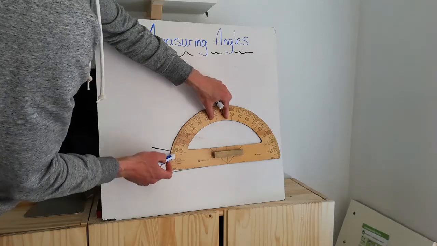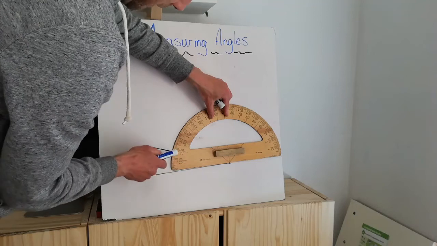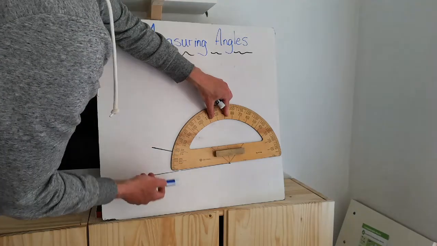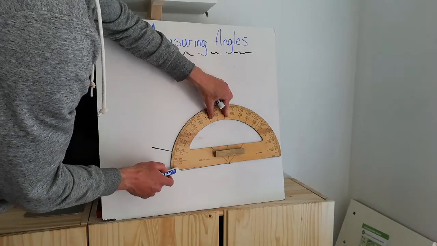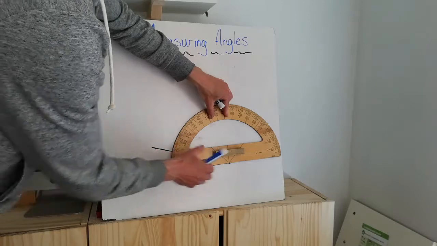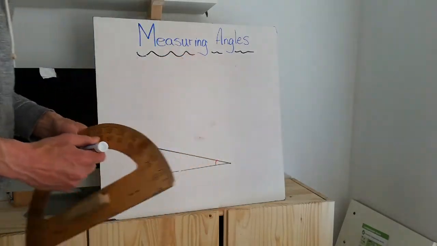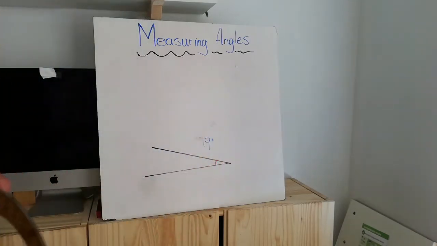So if I could just go right away to the numbers and say, well, it's probably about 20 degrees or 19 degrees. If I want to be sure, make sure you start at that 0 and then just go 10, 20, yeah, around 19 degrees when you're measuring it. So this one, about 19 degrees.